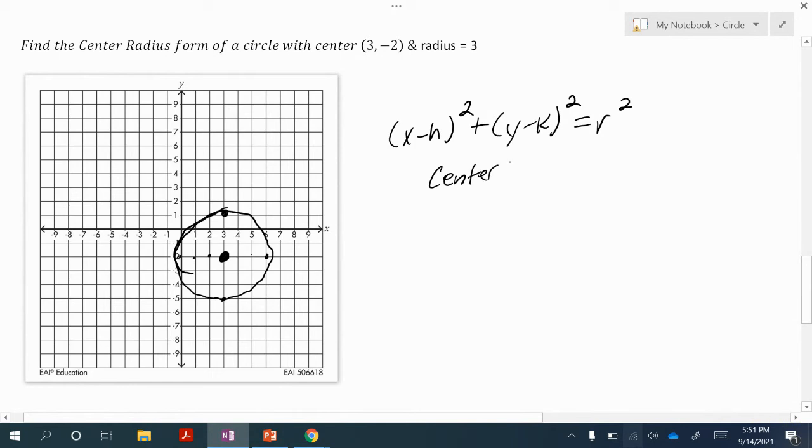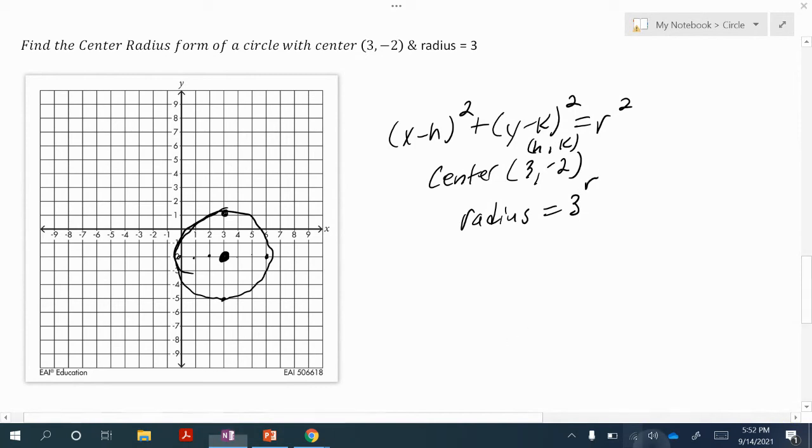Here we're going to substitute in the center as 3, -2, which is h, k, and the radius equal to 3, which is r.